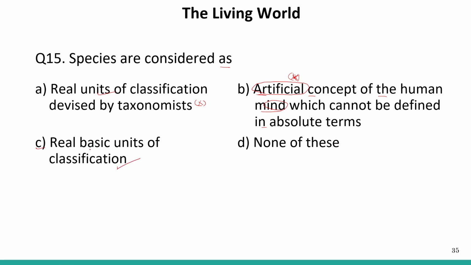Species are the basic unit of classification and they are the lowermost taxonomic category. Alright, option D is none of these. Okay, so what should be the correct answer? Option C is the correct answer.